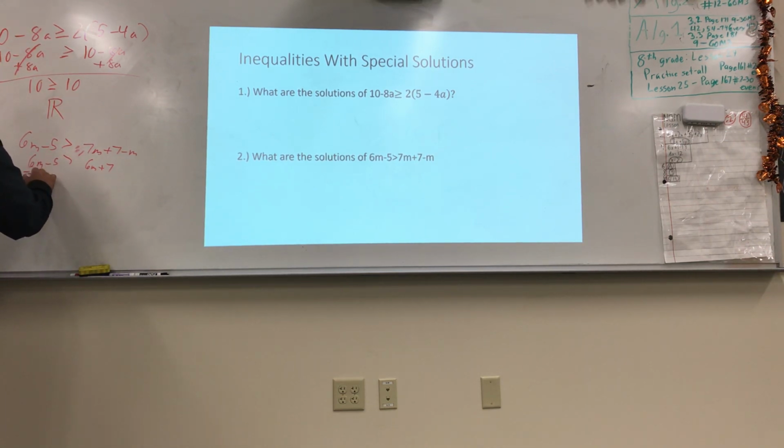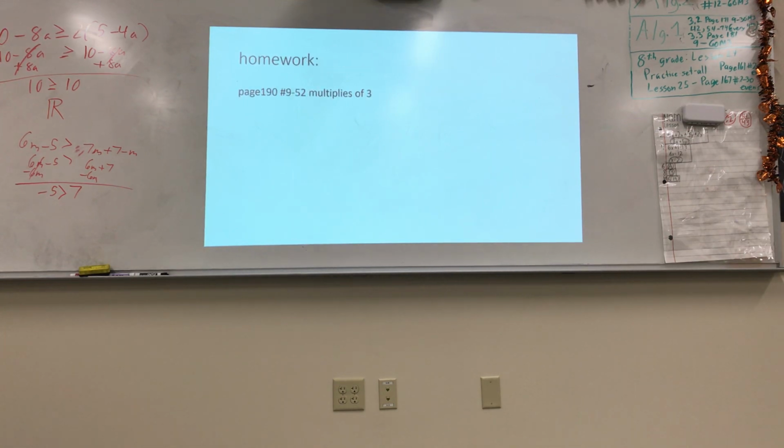I'm going to subtract my 6m from both sides. I'm going to end up getting negative 5 is greater than or equal to 7. Is that a true statement? Hopefully you're saying no, and that would be correct. That's why that one would be no solution. There's your homework.